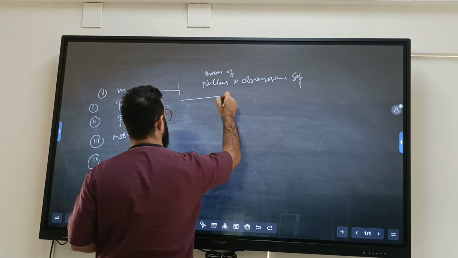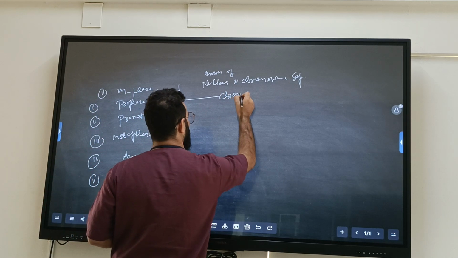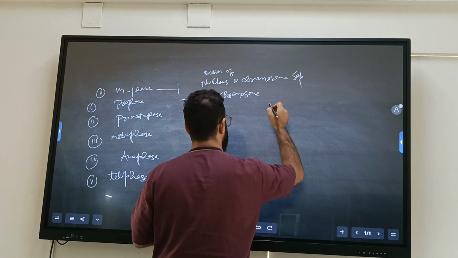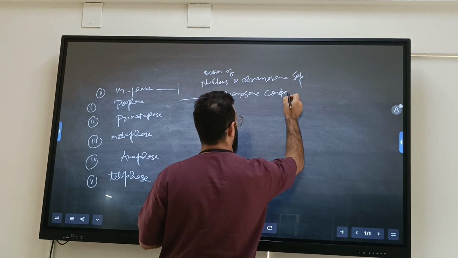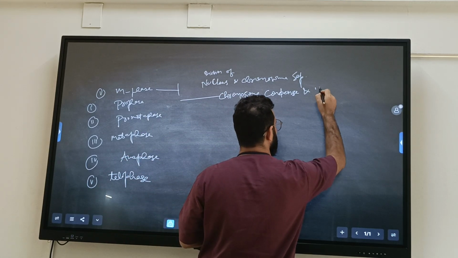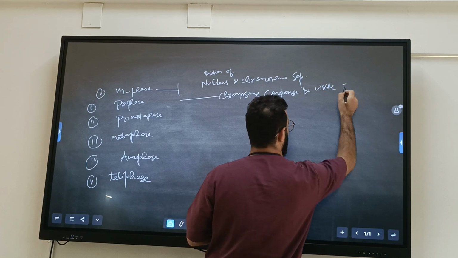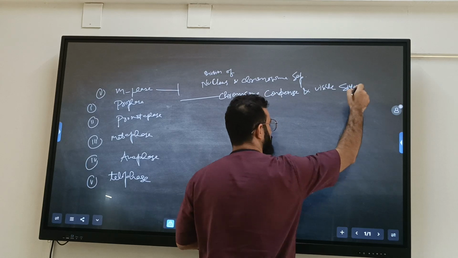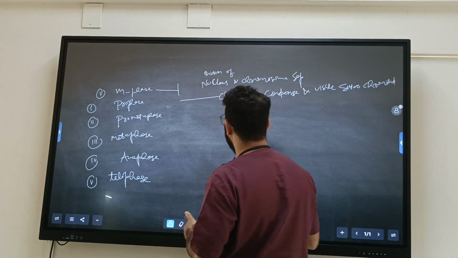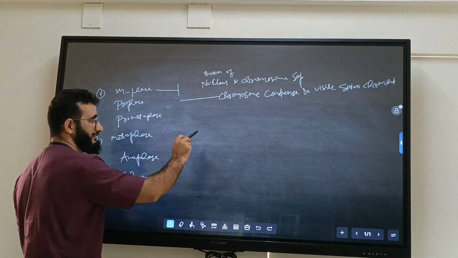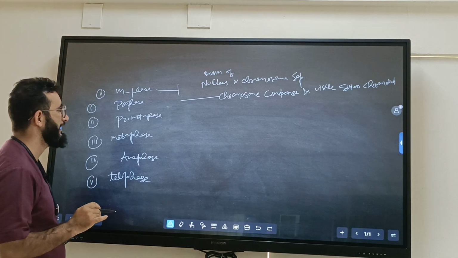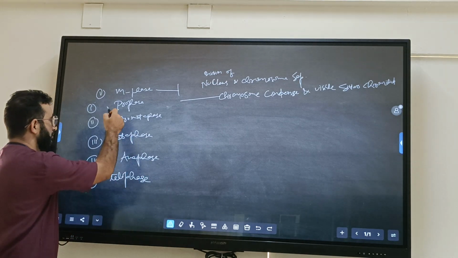In prophase, the chromosome condenses and becomes visible as sister chromatids. So if the question is asking in which phase the chromosome becomes visible, you have to mark prophase.